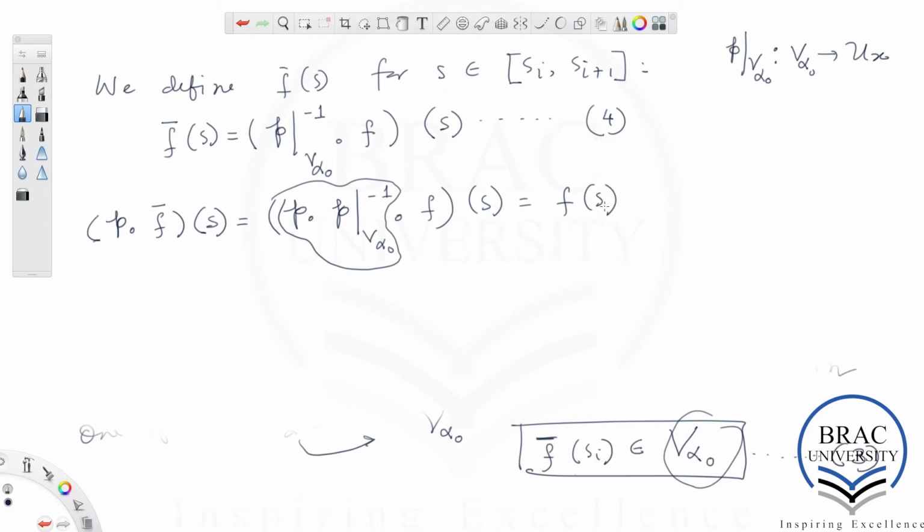And this is nothing but F evaluated at S. This is exactly what we want for a lift to satisfy. Okay, so we are good with the definition.